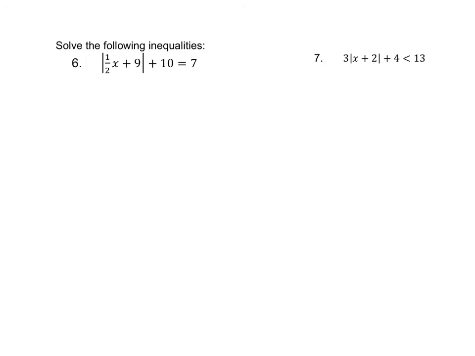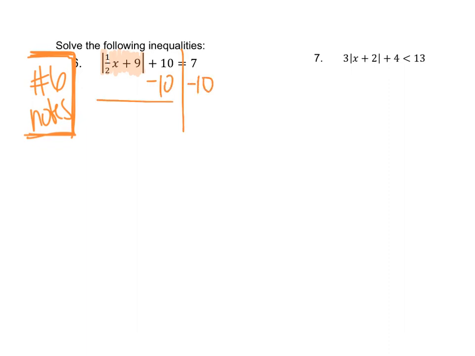Next, we have absolute value problems. Here's where you need to be really careful. Number 6, you can look back at the number 6 notes if you forgot how to do this. But anytime we're solving an inequality problem or an absolute value problem, we have to isolate the absolute value. So first I need to get this absolute value all by itself. To do so, I have to subtract 10 on both sides.